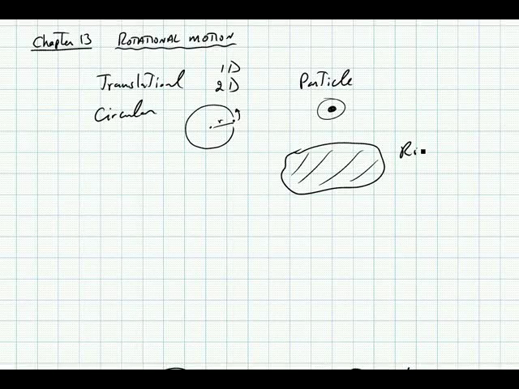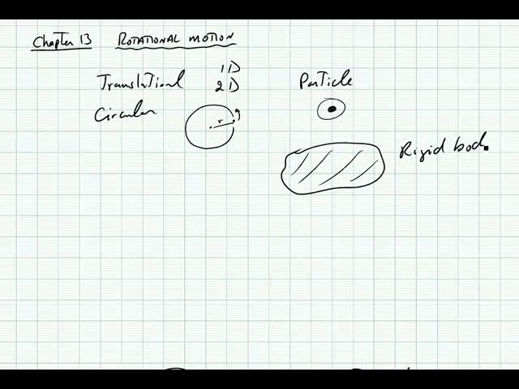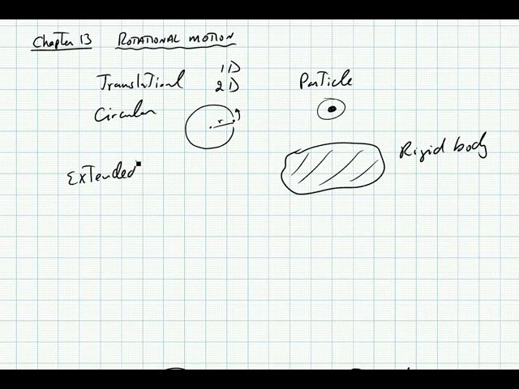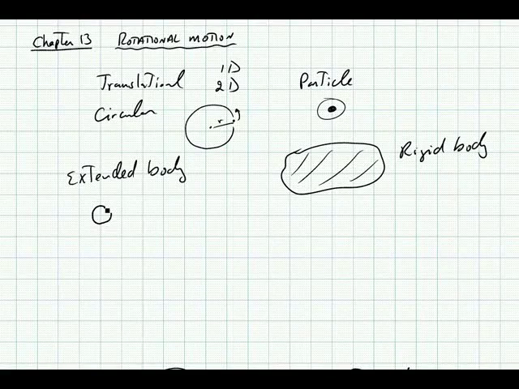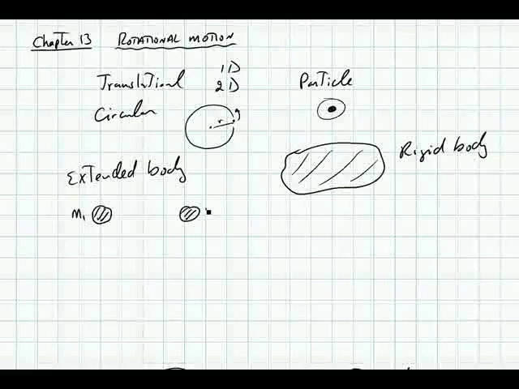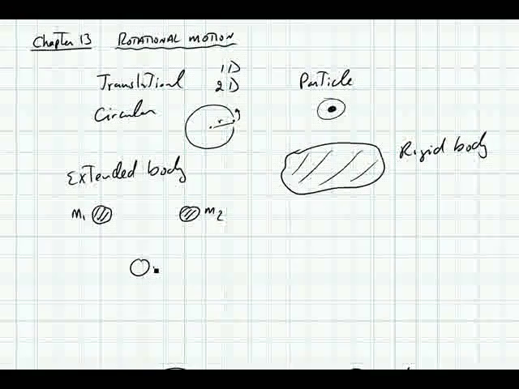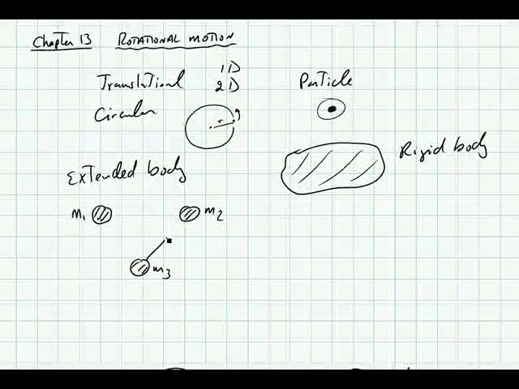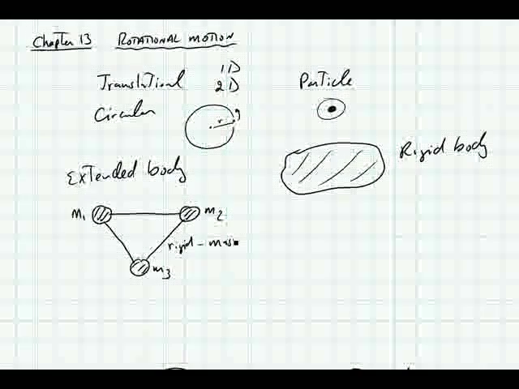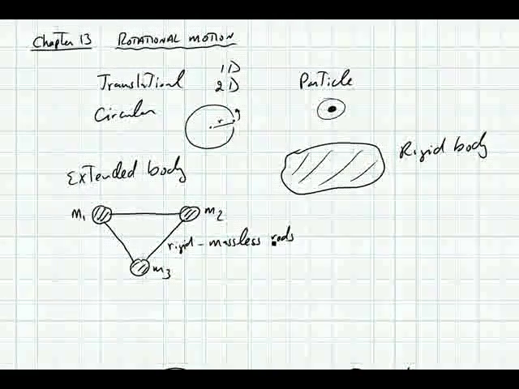So this is a rigid body, and we'll also look at extended bodies. An extended body is where we have a number of particles. So here we have M1, M2, and let's say M3, which are connected to each other via rigid, massless rods.